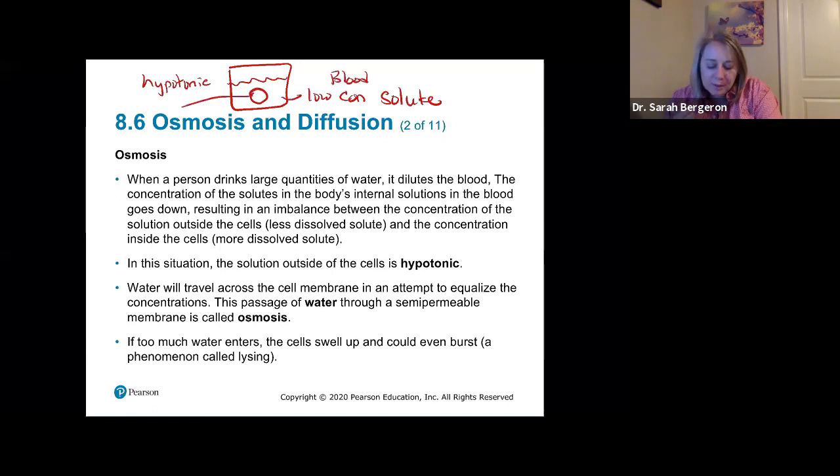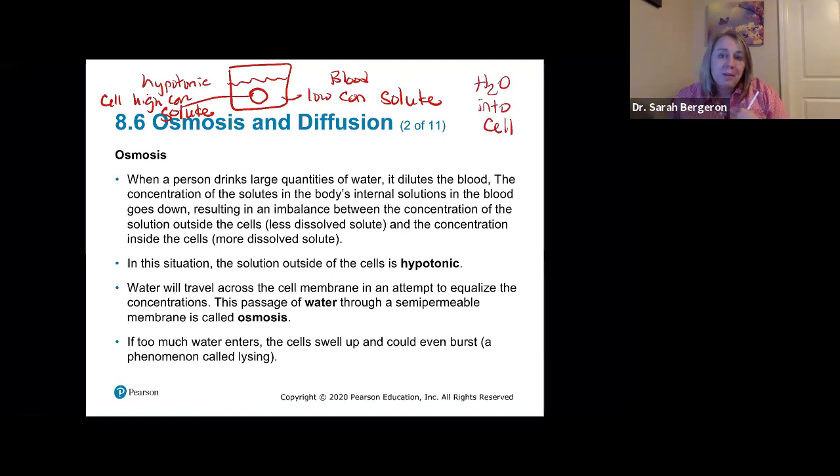And then inside the cell, we have a high concentration of solute, right? So what's going to happen? The water is going to flow into the cell. So water into the cell.